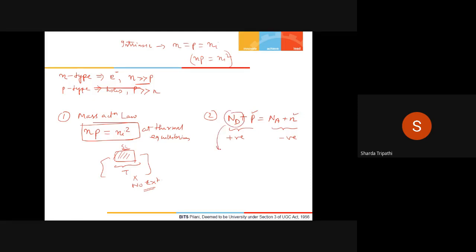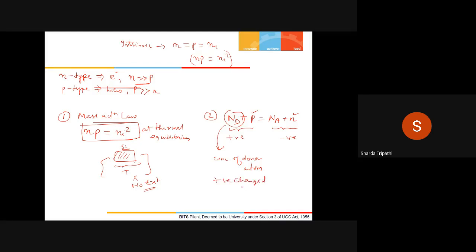Now, what is Nd? Nd is actually the concentration of donor atoms. So we know that we added an impurity. So agar donor type impurity add kiya, so it is going to give away one electron. So once it gives away one electron, it becomes a positively charged ion.